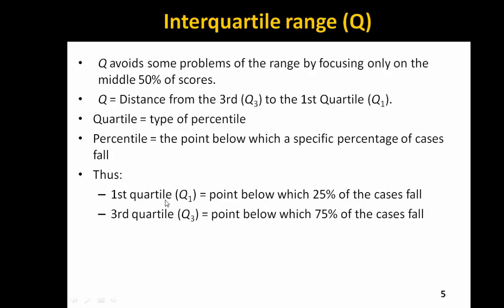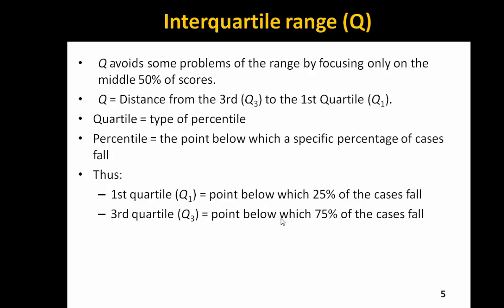When referring to the first quartile, we're referring to that point below which 25% of the cases will fall. If we jump up to the third quartile, remember we've broken up our data into quarters here, the third quartile will refer to that point below which 75% of the cases will fall.